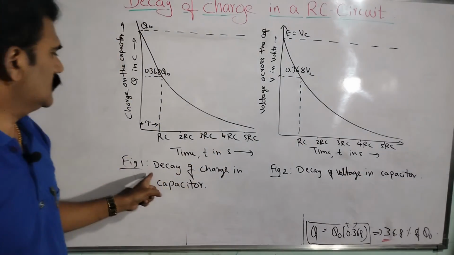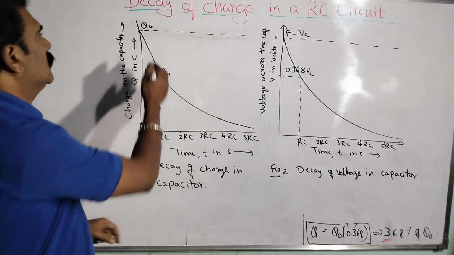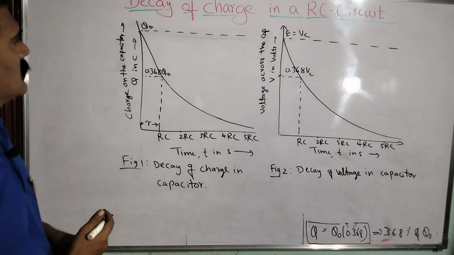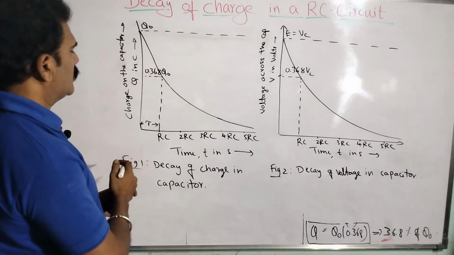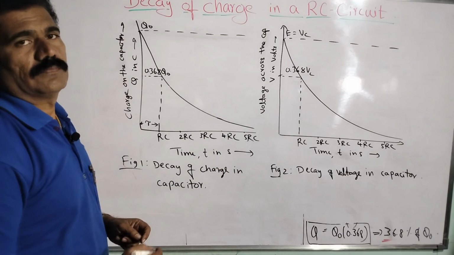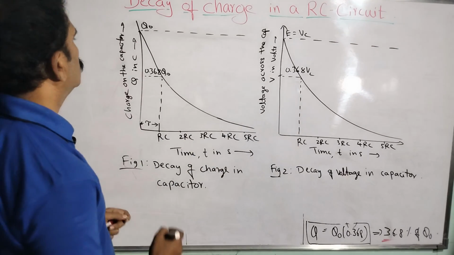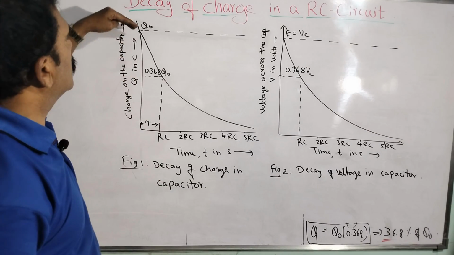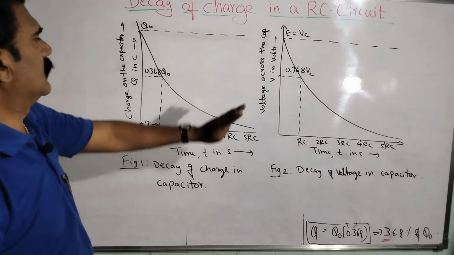The first graph is the decay of charge. Initially we have maximum charge in the capacitor after charging it completely. Then with respect to time t, it is decreasing exponentially, in line with the derived equation. The experimental observation also confirms how the decrease of charge takes place in the transient period.